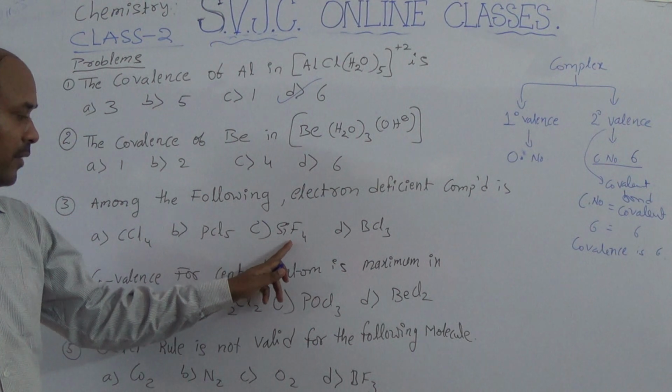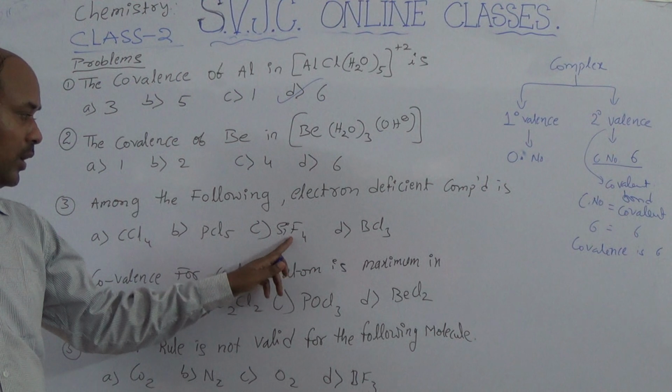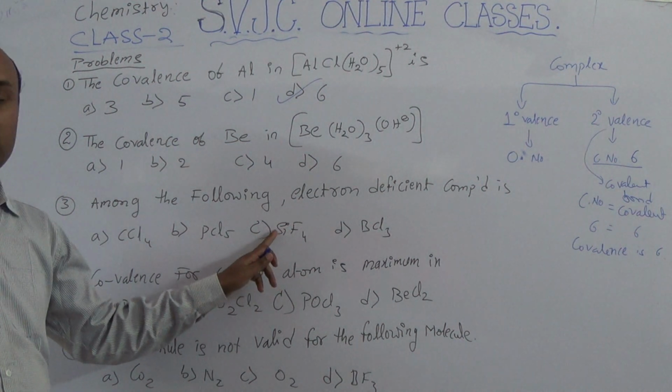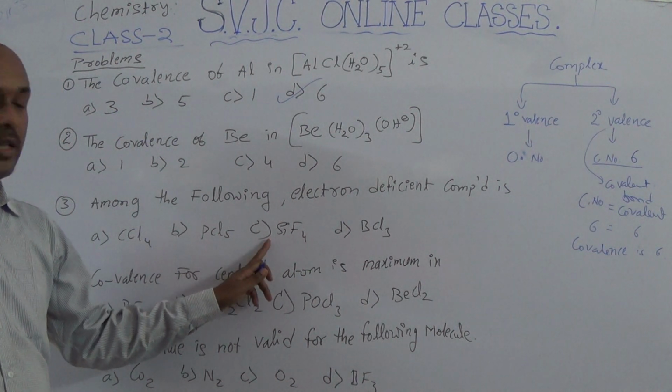Similarly in SiF4, silicon covalency is 4, which means 8 electrons are present around silicon, so it is also not electron deficient.